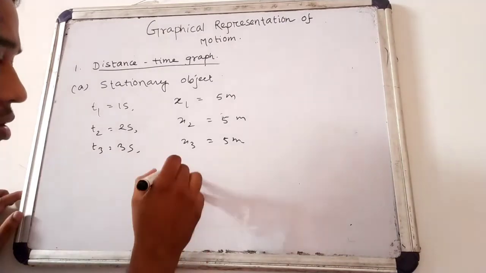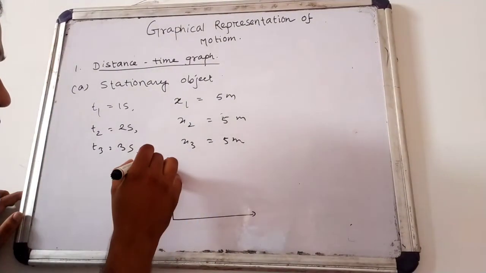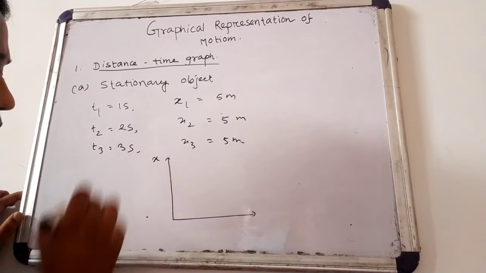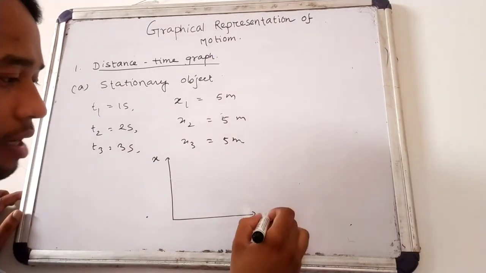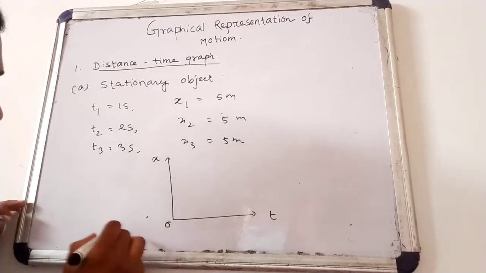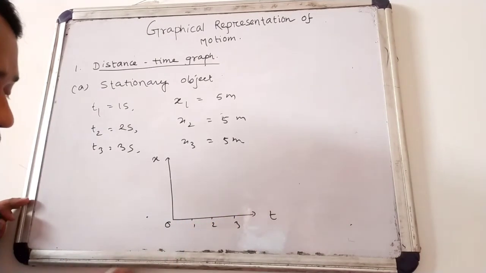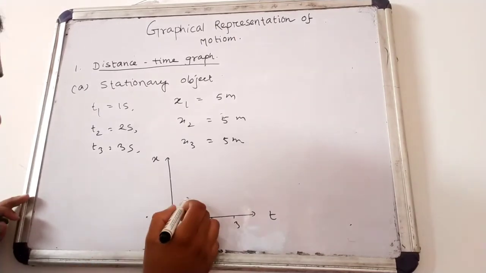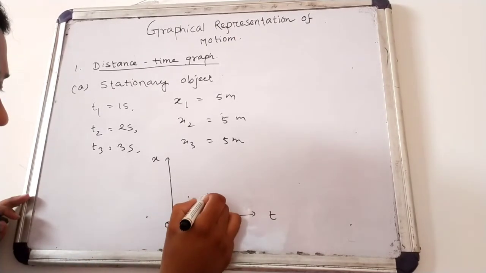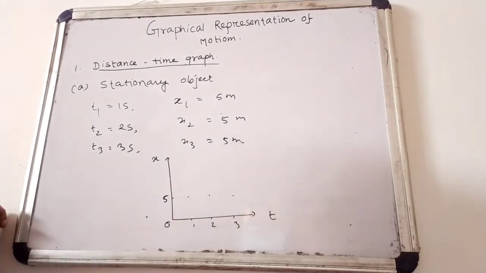So if we draw a graph, along the y-axis we will take distance, and along the x-axis we will take time. This is our origin. So 1, 2, 3. At every time, its distance will be 5 only.